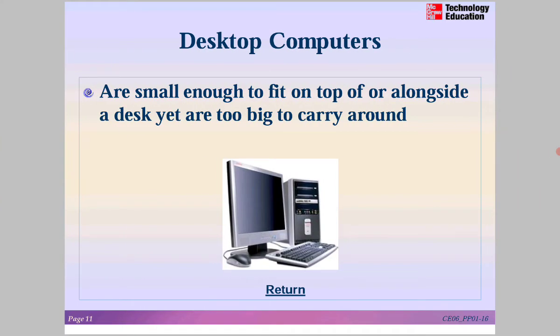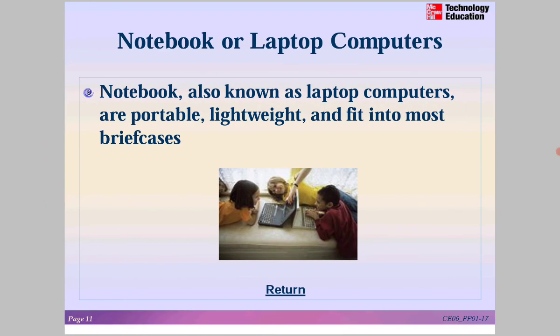So desktop computers. What are desktop computers? Generally these are small enough to fit on top of a desk, but too big to carry around. Desktop computers are used for day-to-day purposes in offices and homes. Another type of microcomputer is the notebook or laptop computer. These are portable.